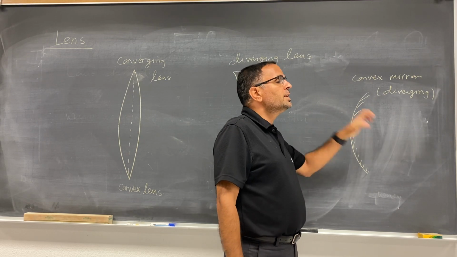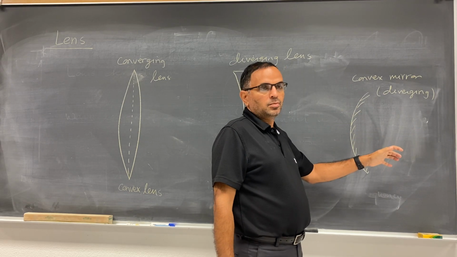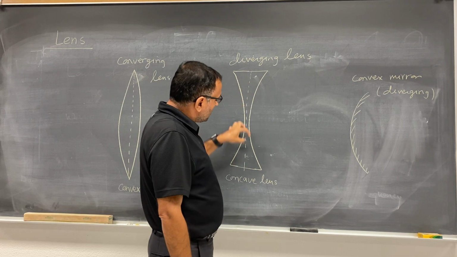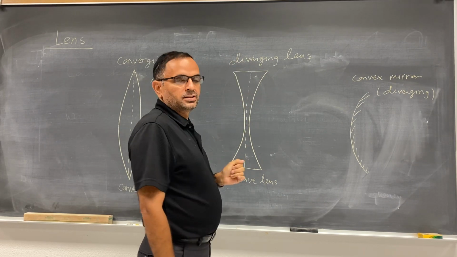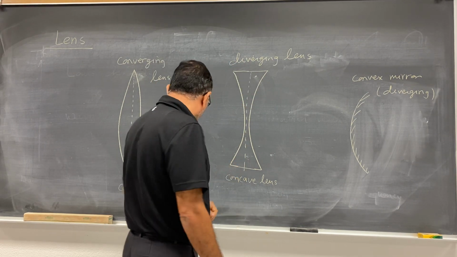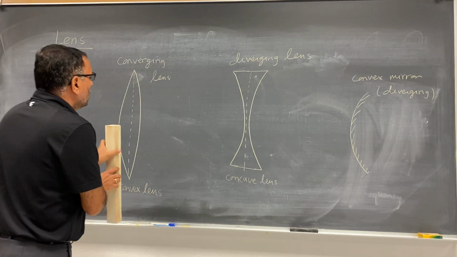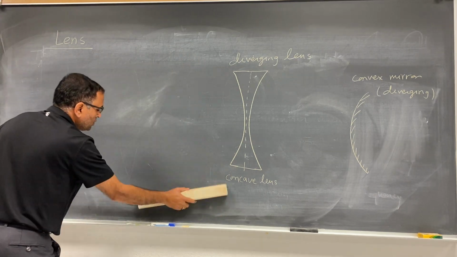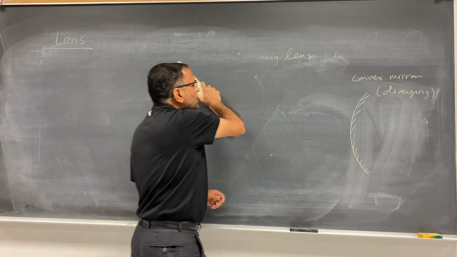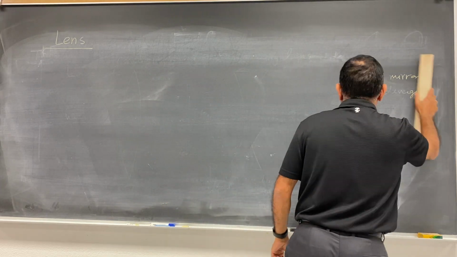Concave mirror is converging, but concave lens is diverging. So please don't confuse. So two types of lens, concave lens and convex lens.